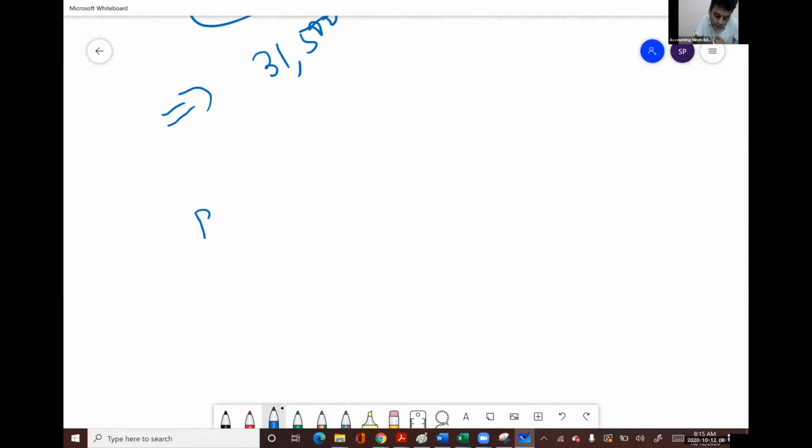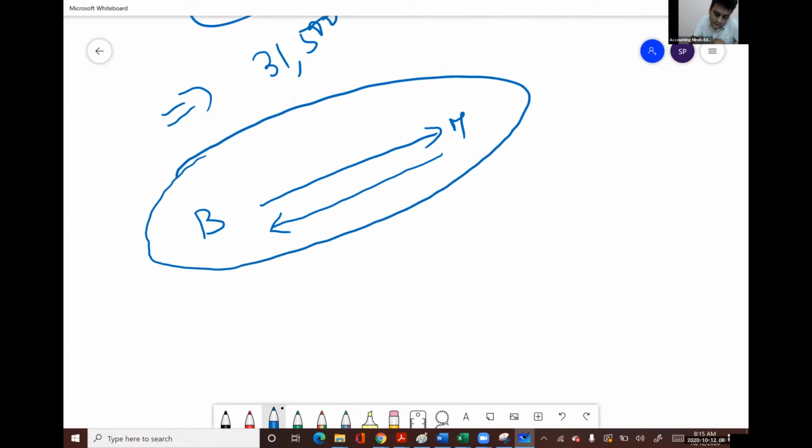Now, what we have to understand is that from Banashankari to Marathahalli, and from Marathahalli to Banashankari, the cost of operating this distance per month is 31,500, correct? Guys agree?